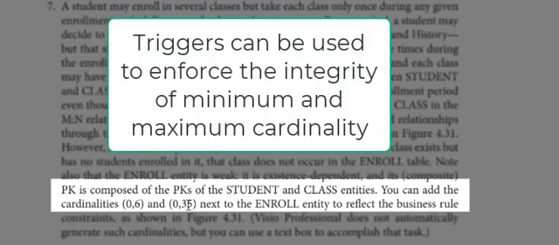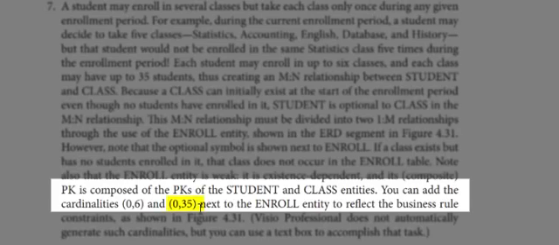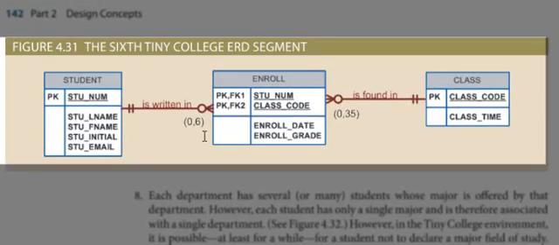In this case, course entity, how many students can be enrolled in the course, not how many courses can a student take, but how many students can be enrolled in a course. So a course can exist before anybody's enrolled, but I'm not going to let any more than 35 enroll. How do you implement that in your ER diagram?